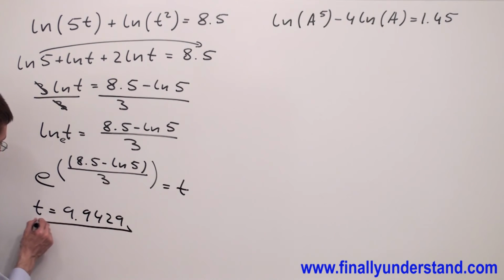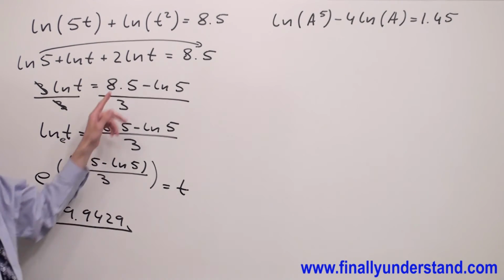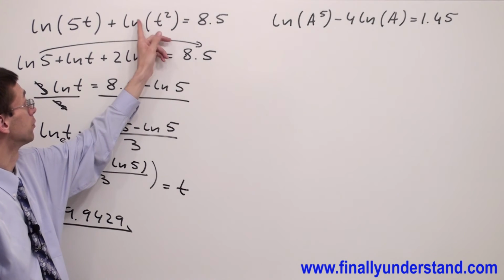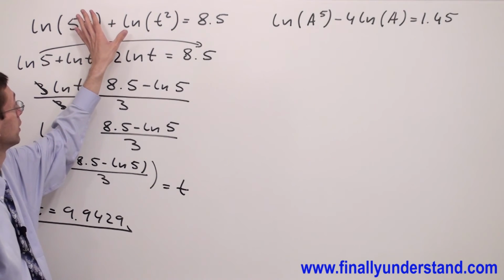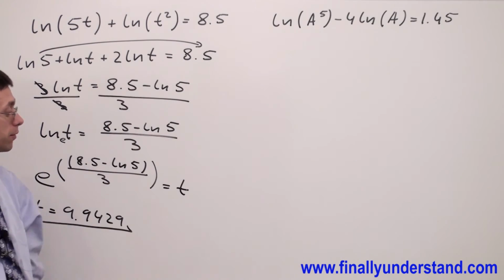This is the solution to my problem. If you want to verify your answer, you're supposed to simply replace these two t's by this value, but don't forget to square it for the second logarithm. And you're supposed to get the value on the left side approximately equal to 8.5.